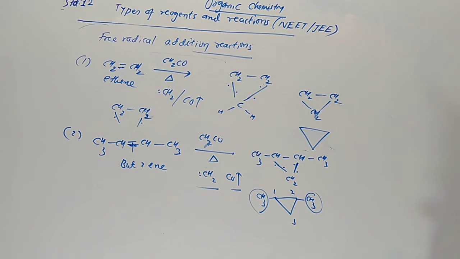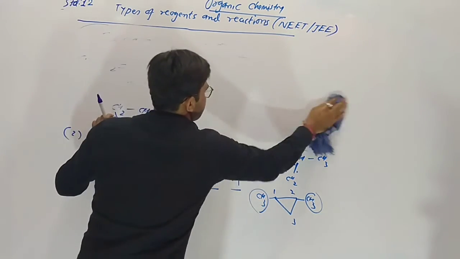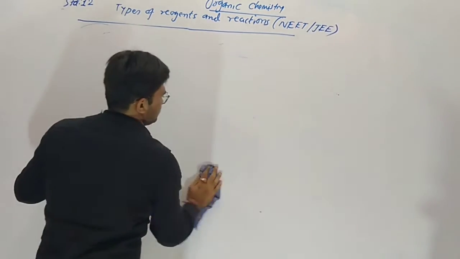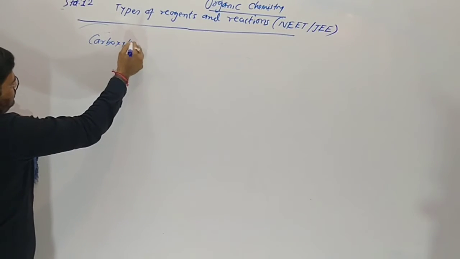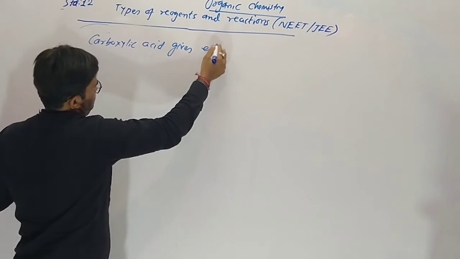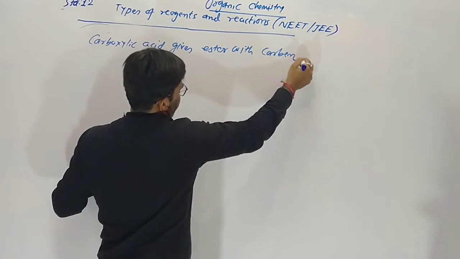Now, carboxylic acid gives ester with carbene.